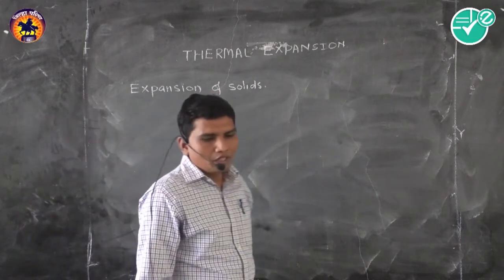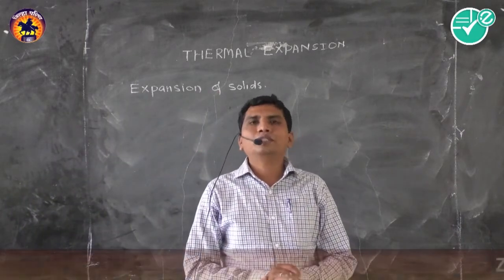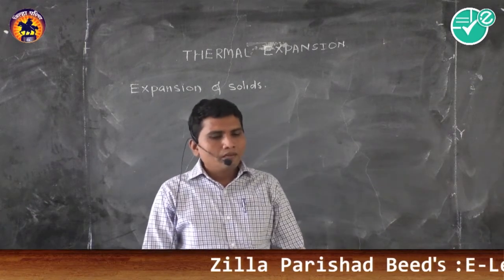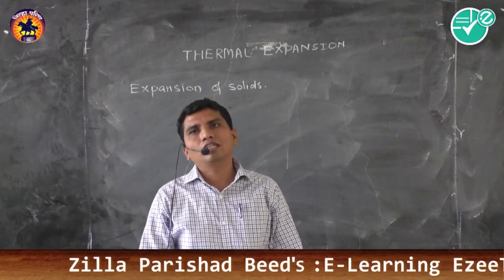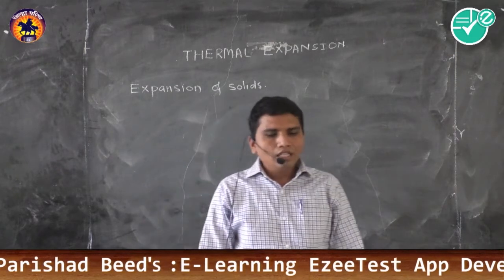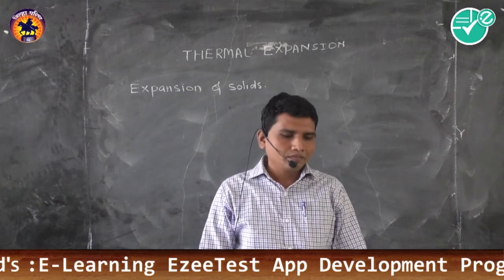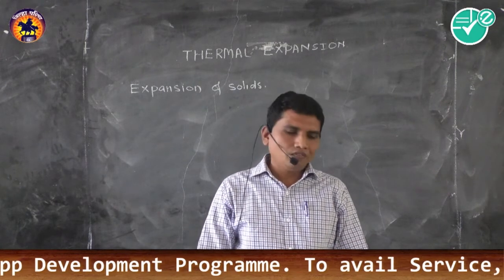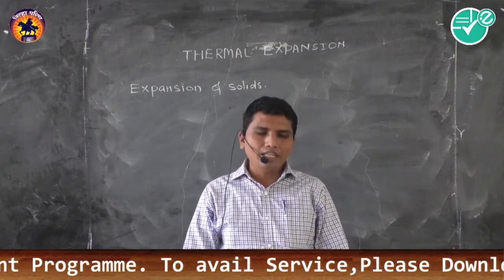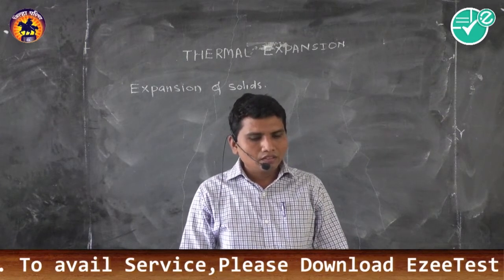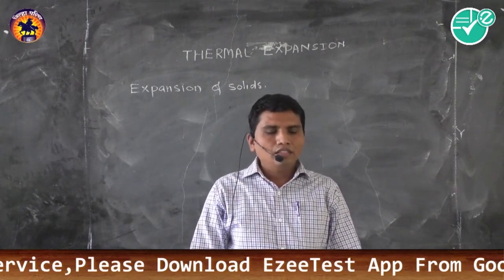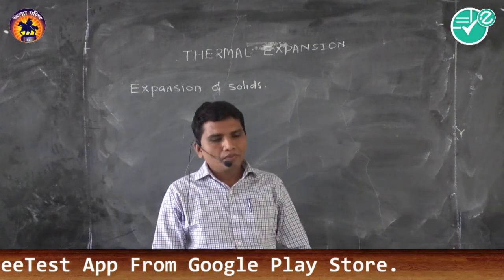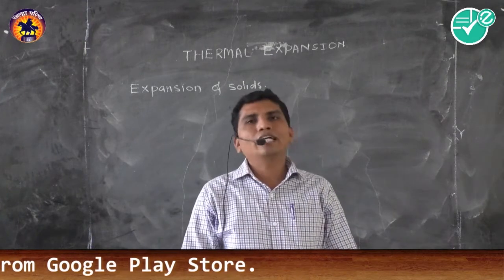There are three ways in which the expansion of solids takes place. When an isotropic solid is heated, if there is an increase in length, it is called linear expansion. If there is an increase in area, it is called areal expansion, and if there is an increase in volume, it is called volume expansion.